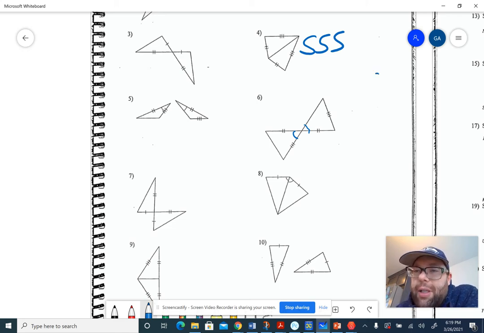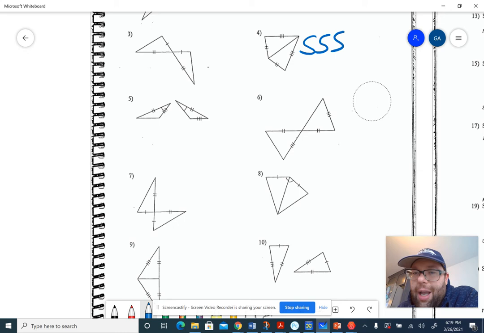I know this side is congruent to this side. But the theorem is side, angle, side, right? That would maybe match that. In order for it to work, the congruent angle has to be between the two congruent sides. While that is true in this triangle, it is not in that second triangle. Okay?